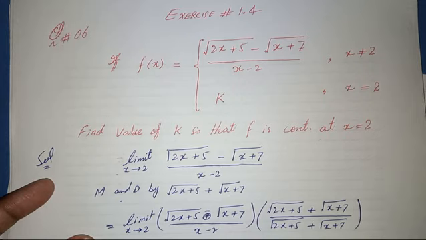While in the denominator of the function there is x minus 2, and in the multiplication term there is square root of 2x plus 5 plus square root of x plus 7 in the denominator. So write it in the denominator in multiplication form as I have written here.